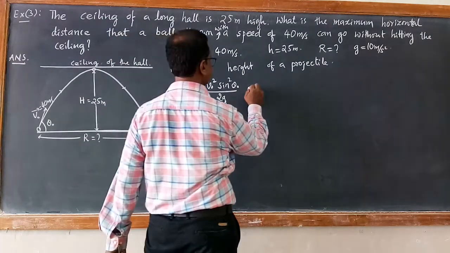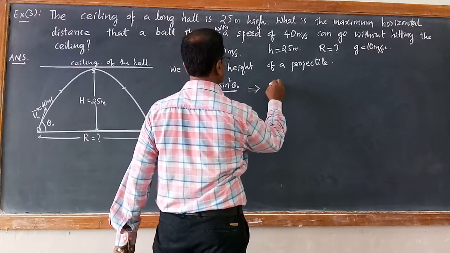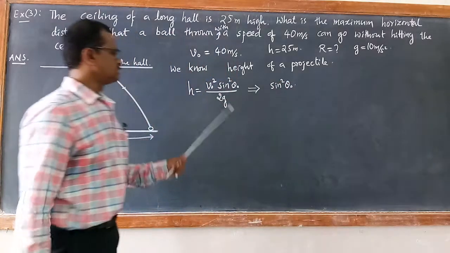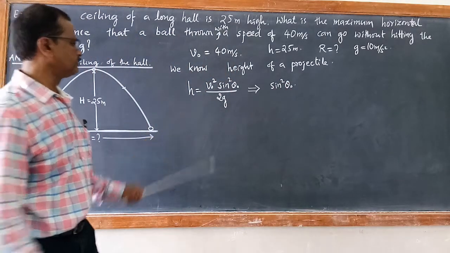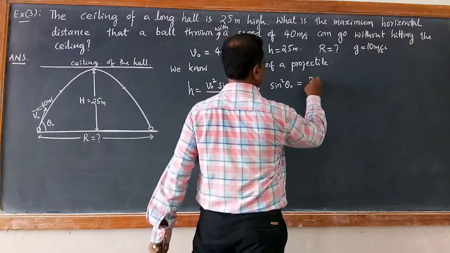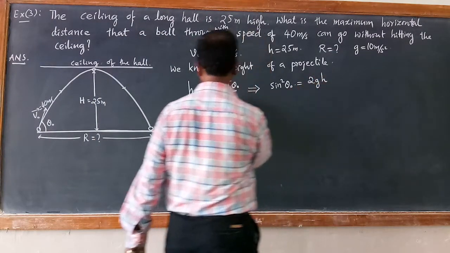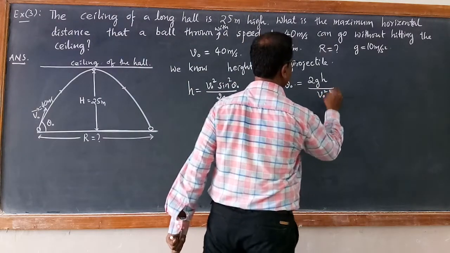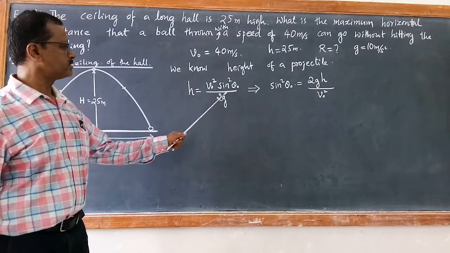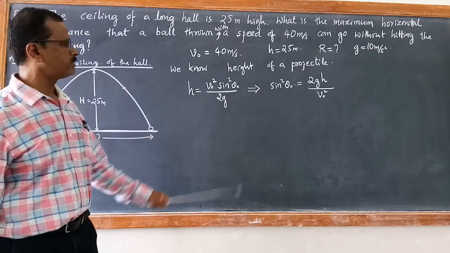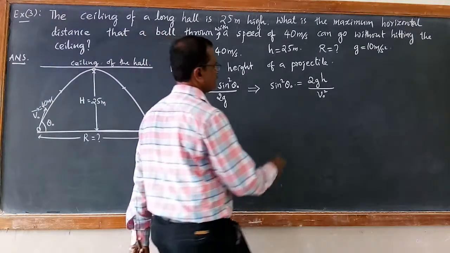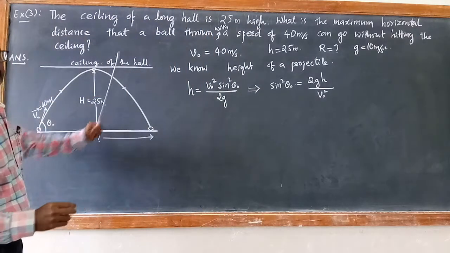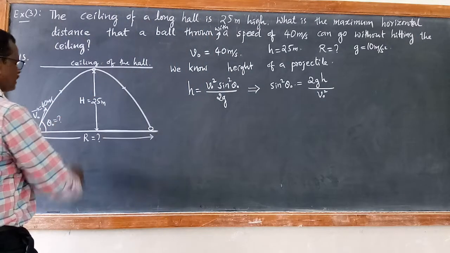This implies sin square theta naught is equal to 2gh divided by v0 square, so that we can calculate what is the angle through which it is projected. Theta naught can be calculated.